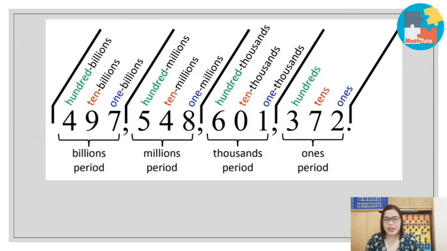So let's consider this number: 497,548,601,372. Take note that these numbers are separated into periods. They are grouped according to period. From the right, we call them ones period, thousands period, millions period, billions period, and so on.